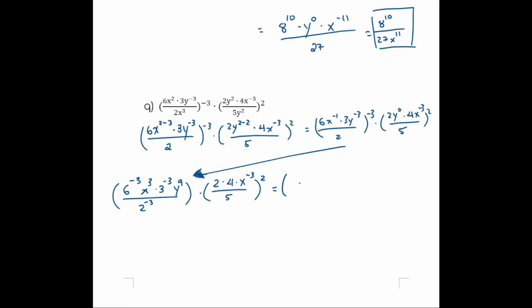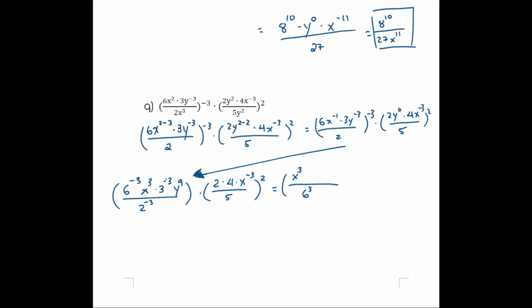All right, so we've got 6 to the negative 3, x to the 3. Actually, on this side, let's just do some simplification, right? We've got negative exponents. So negative exponent here, let's bring that down to the bottom and flip its exponent. Here we've got x cubed.